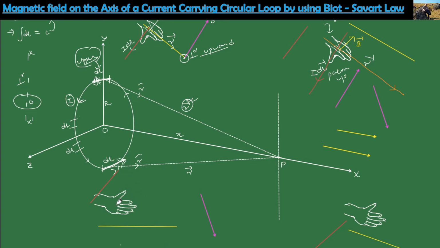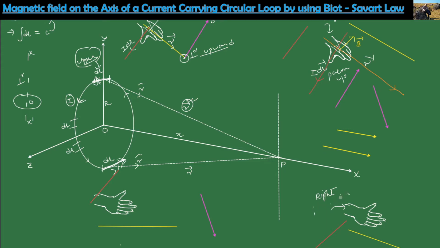So from here I have to take the palm of the right hand. This palm of the right hand should face in this direction, which means that the palm of your right hand is facing down.